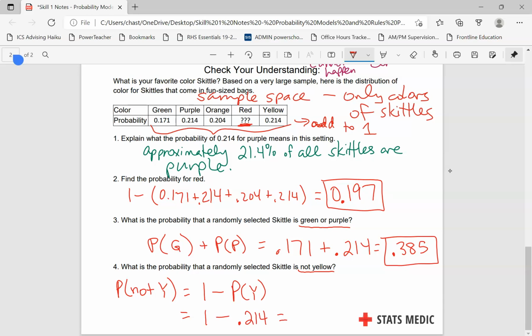We go to our calculator and do 1 minus 0.214, and we get 0.786. So if you aren't a fan of the yellow ones, the good news is almost 79% of the bag is not yellow. So take those 79%, enjoy those, and then give the other 22-ish% to your friend.